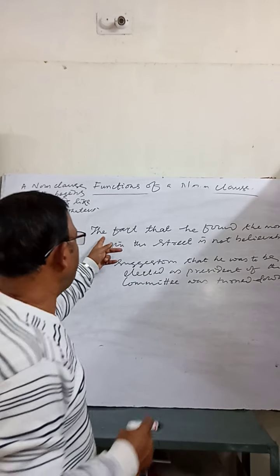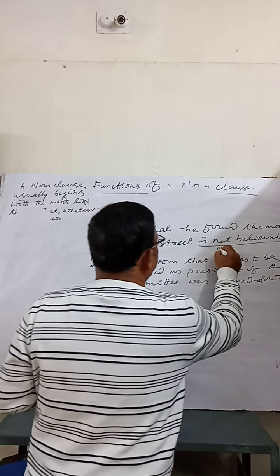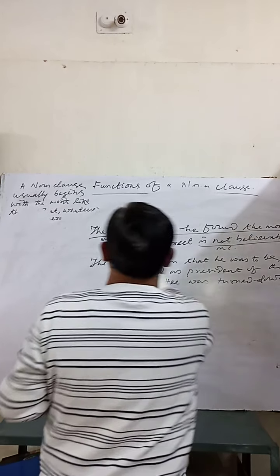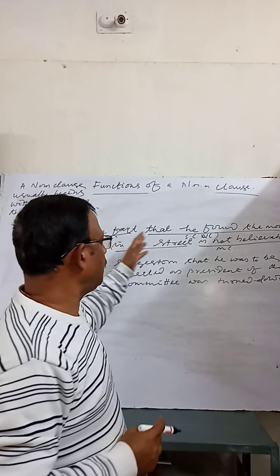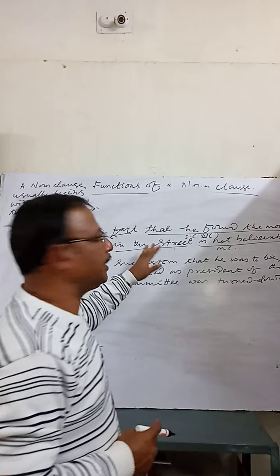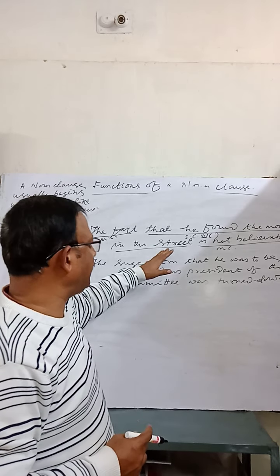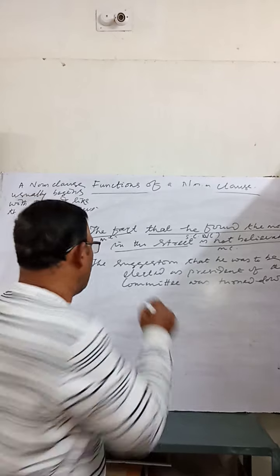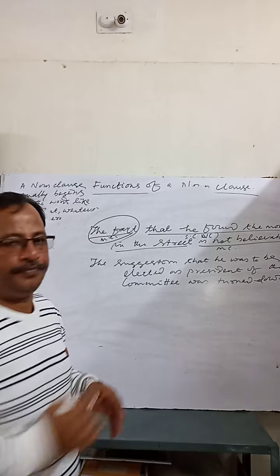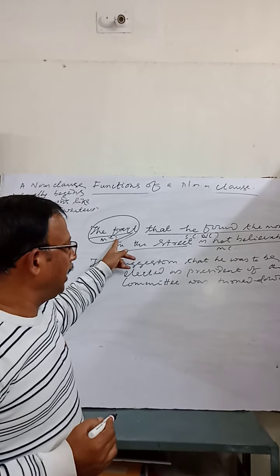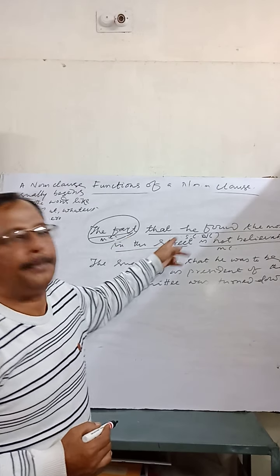Let us see. The fact is not believable. Here this one is the main clause. That he found the money in the street. This one is the subordinate clause and the noun clause. So which one is the fact? Noun clause. That he found the money in the street. It is used in place of a noun phrase. And this noun phrase is in apposition to the noun. This noun clause is in apposition to the noun phrase, the fact. So the fact is a noun phrase here. This noun clause defines this noun phrase, and it is also used after that.